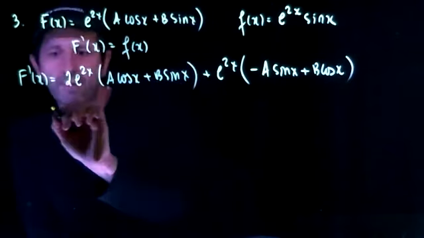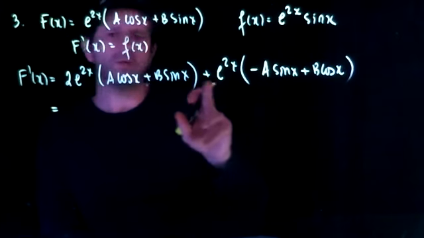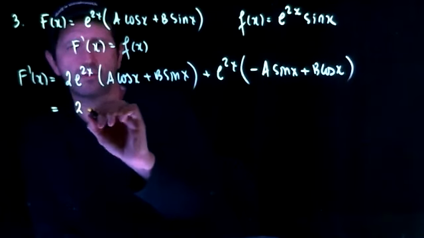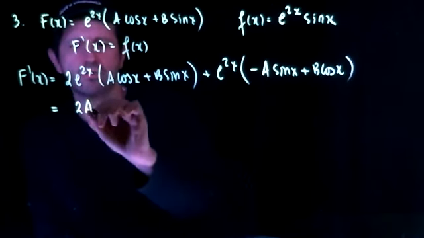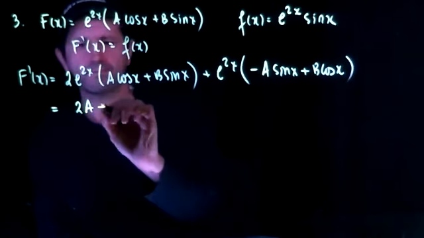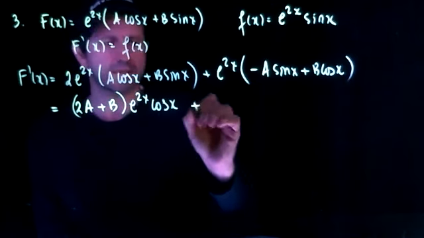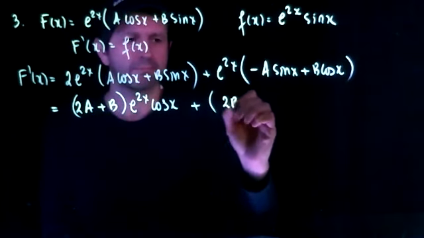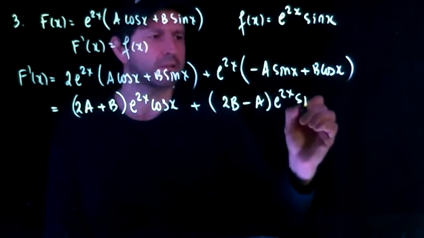Okay, so let's multiply everything out here. Let's start with cos x. I'll have 2a plus b times e to the 2x cos x, plus, and then the sine x, I will have 2b minus a times e to the 2x sine x.